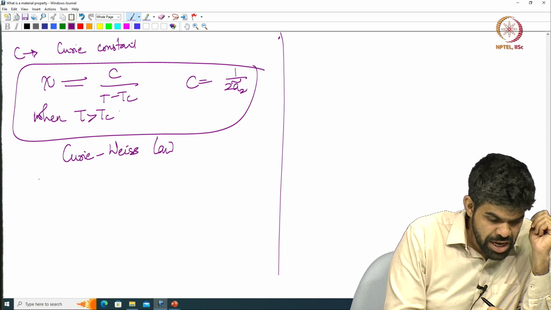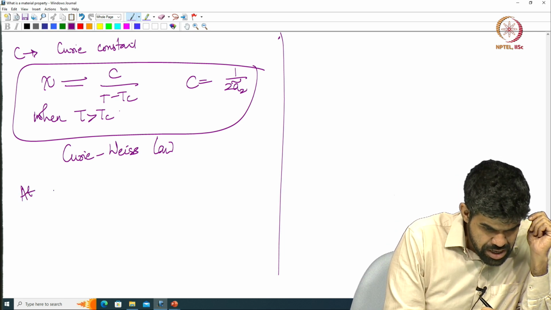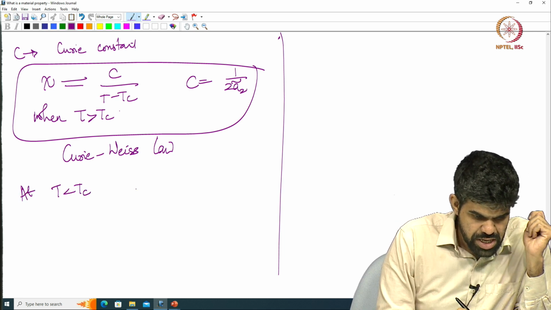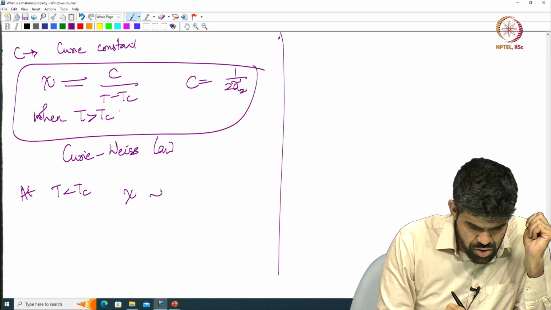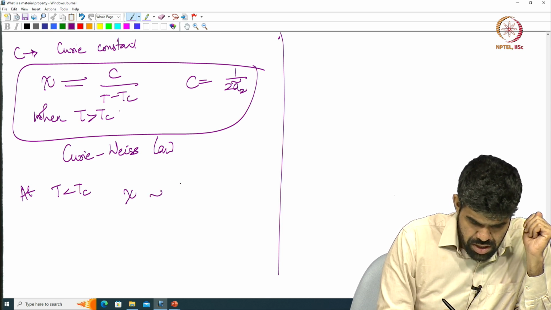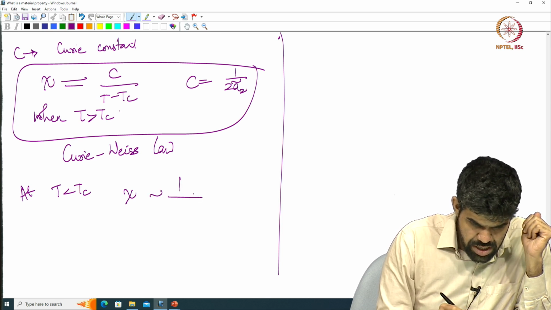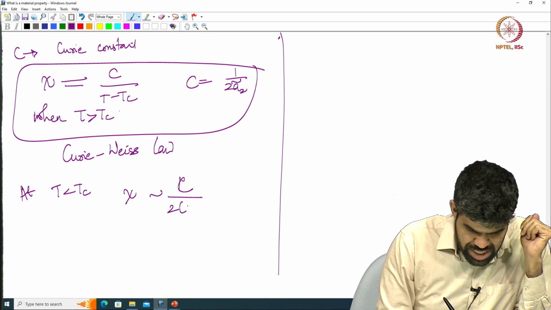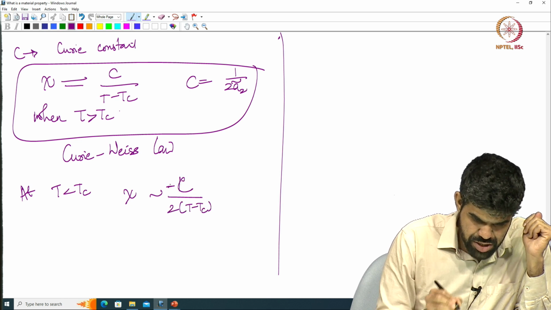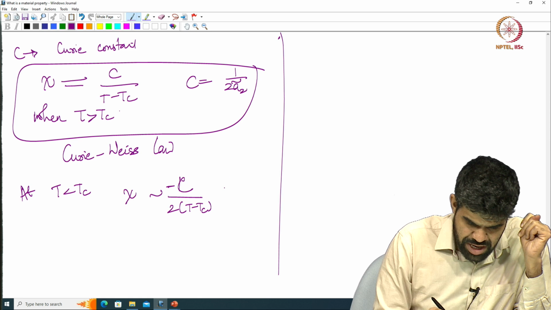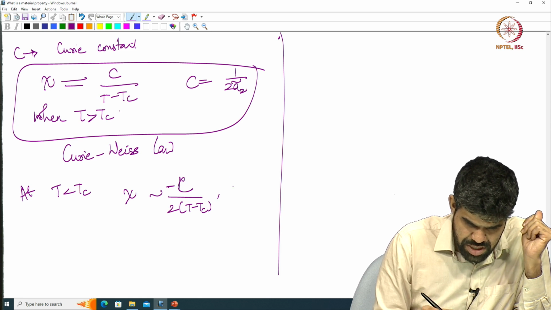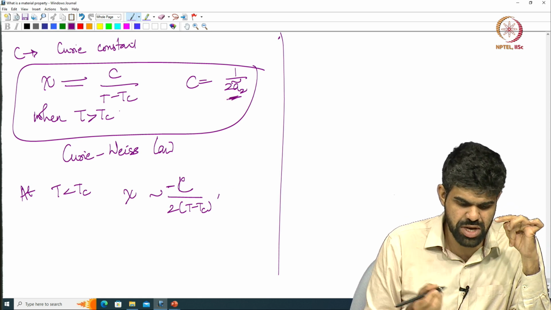Now, at T less than Tc, susceptibility goes as 1 by C by 2 T minus Tc, where C is essentially the same value. Okay.